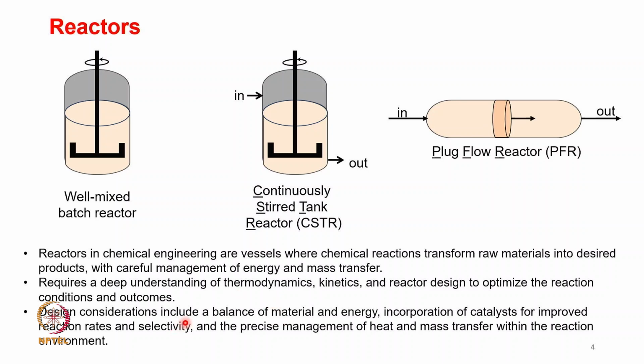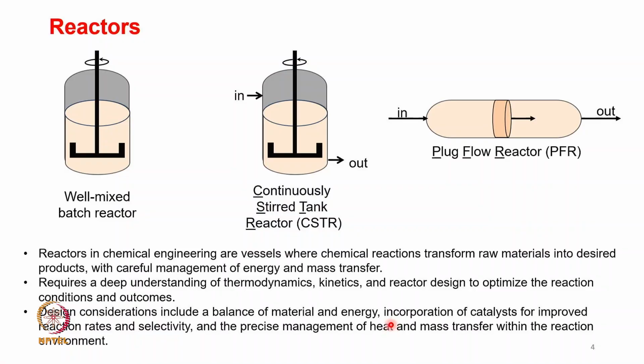Selectivity essentially means that, let us say you have a desirable component and an undesirable component, how good the reactor is in producing your desirable component with respect to the undesirable component. And further, a precise management of heat and mass transfer within the reaction environment. So, the entire process would include all of this.